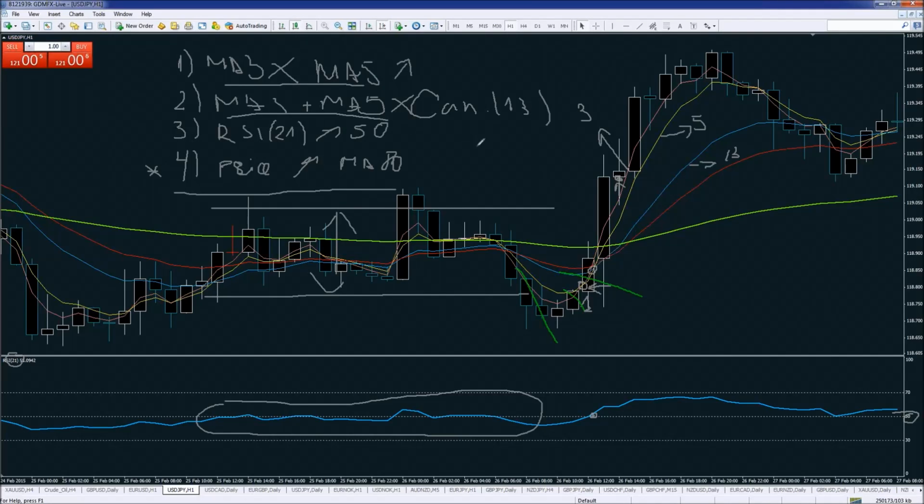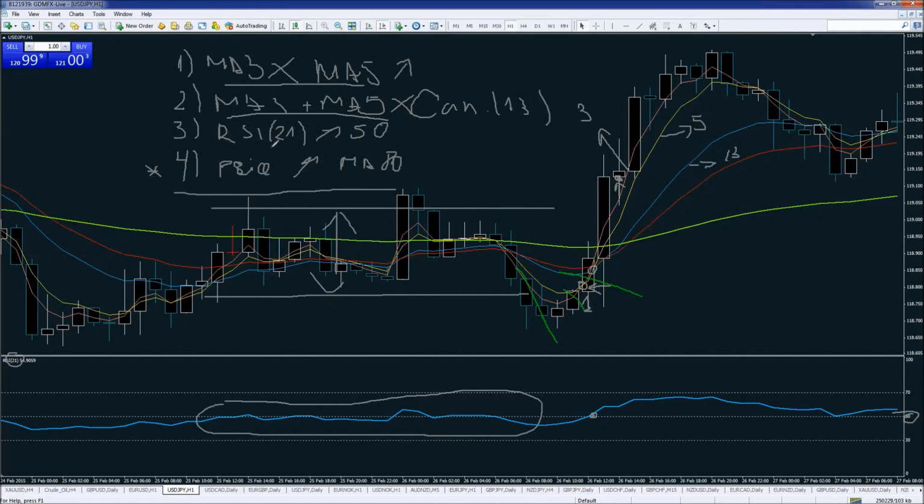Moving average 3 plus moving average 5 has to cross over to above the channel of moving average 13, which of course gives us a secondary signal here by crossing over the 13 moving average and above, for continuation of this current trend.